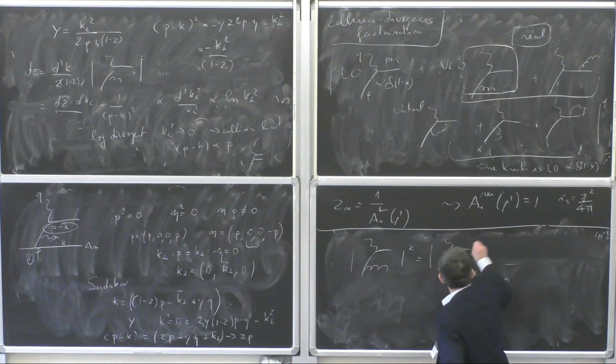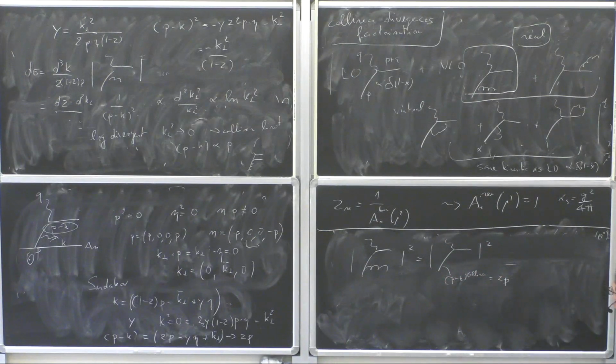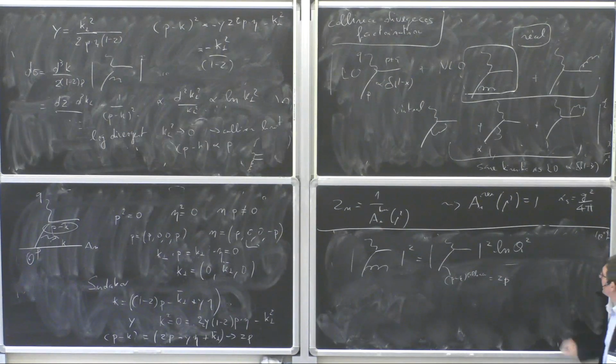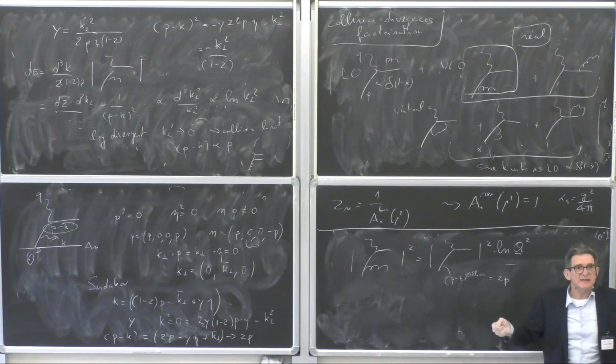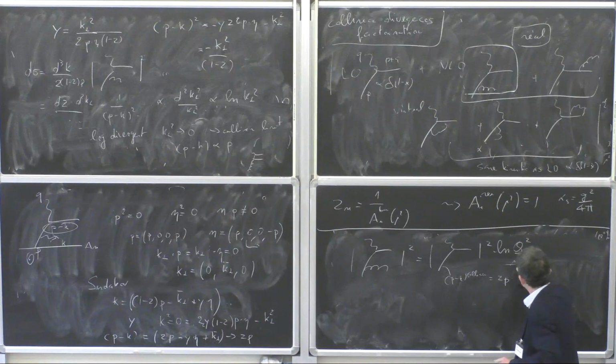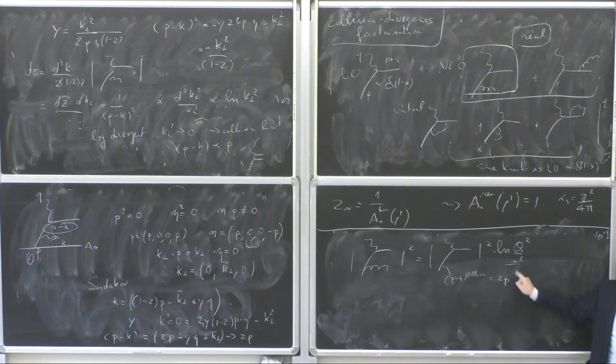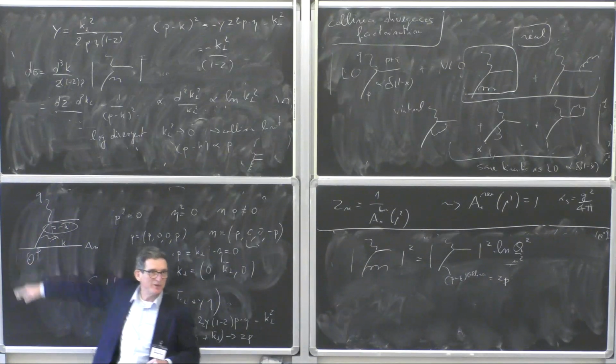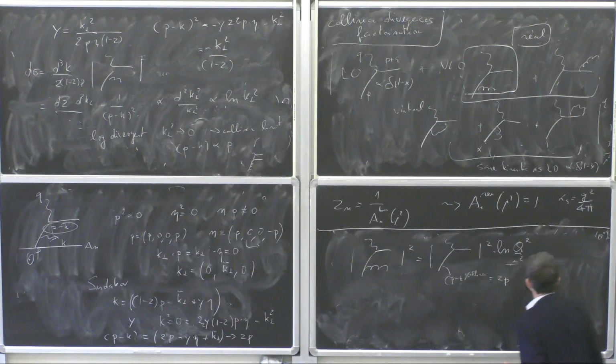So this modulo square times the log of q square divided by some renormalization mu square scale, which is now a collinear scale, which will have to match against the ultraviolet scale of the operator when I renormalize, times the cross-section for this.